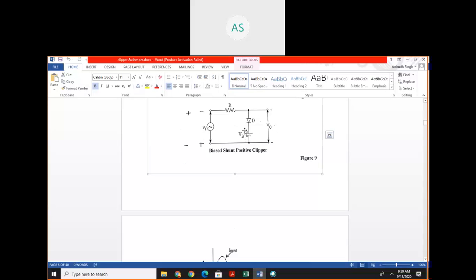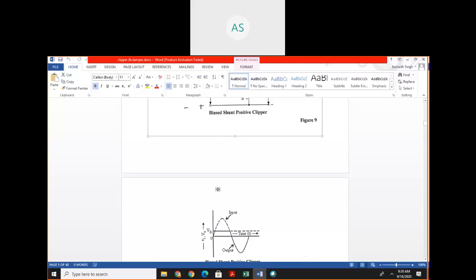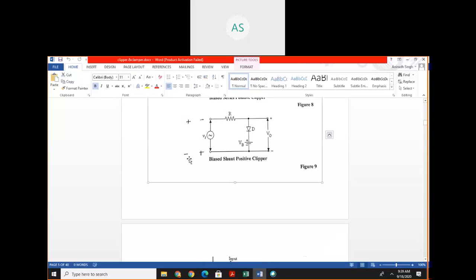So when we apply KVL in this circuit, we get output is equal to VB. Why? Because plus minus minus plus, V naught minus VB is equal to 0. So we get a constant voltage when the value of input voltage is greater than battery voltage.